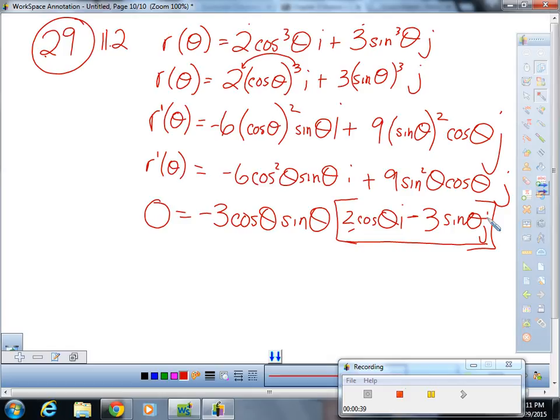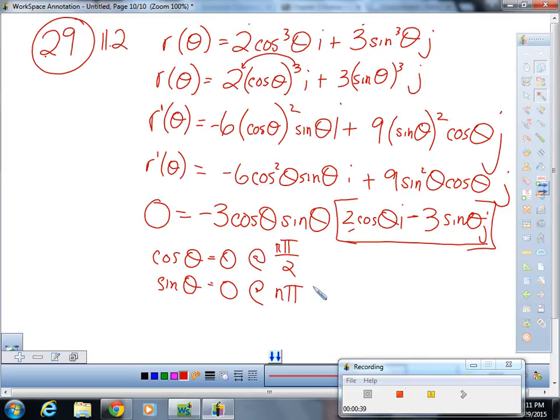produce 0. So cosine of theta equals 0 at, let's see, pi over 2 and 3 pi over 2 and 5 pi over 2. So n pi over 2, right? And sine of theta equals 0 at n pi.